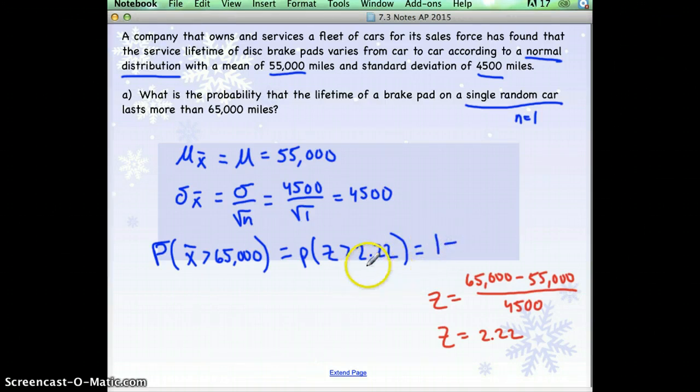So look up 2.22 on your z-chart, and that's 0.9868. And when you do 1 minus 0.9868, you get 0.0132. That would be the answer to the question. That would be the probability that the lifetime of a brake pad on a single random car lasts more than 65,000 miles. That's a pretty small percent.